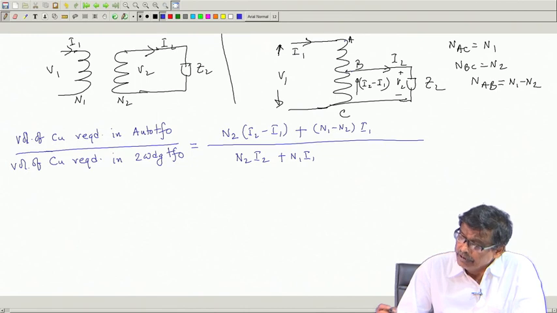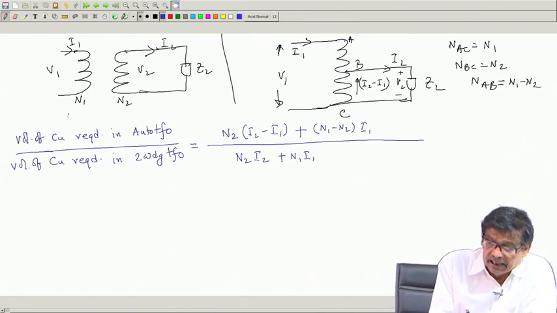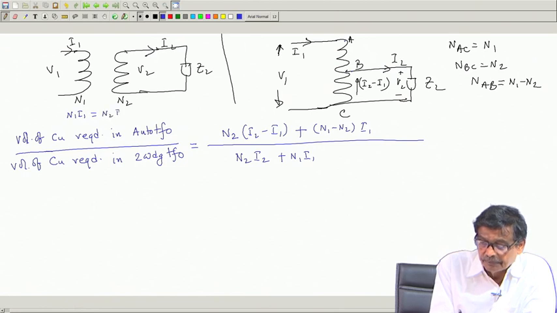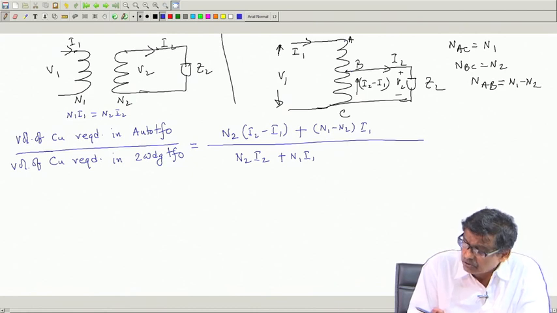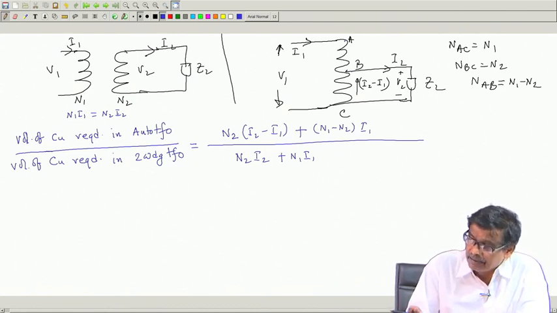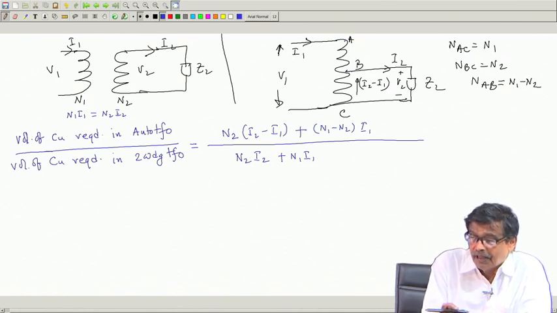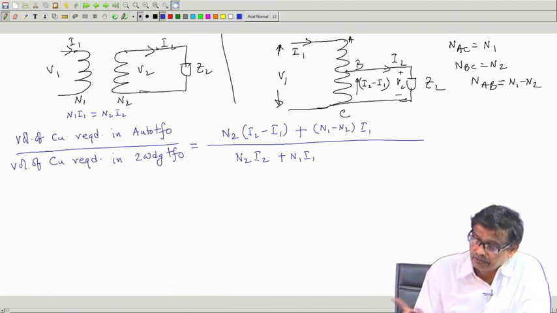Now, we have already established that N1 I1 is equal to N2 I2. Are N1 and N2 different in the auto transformer? No, same thing. Whatever N1 is here, it is N1 here. Are I1 and I2 different? No, I2 is the current delivered to the load, I1 is the current flowing in the primary, same thing. So, those things are there.